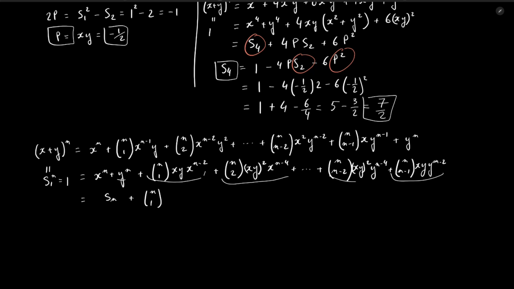and we have equal to Sn plus n choose 1 product p (x to the power of n minus 2 plus y to the power of n minus 2) plus n choose 2 p square (x to the power of n minus 4 plus y to the power of n minus 4) plus etc. So now you may wonder what is the last term of this formula.